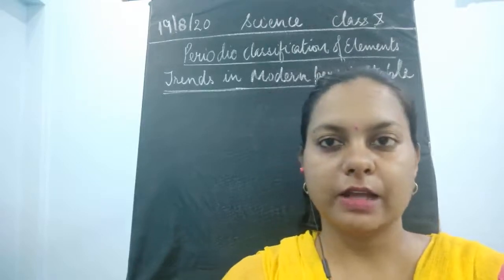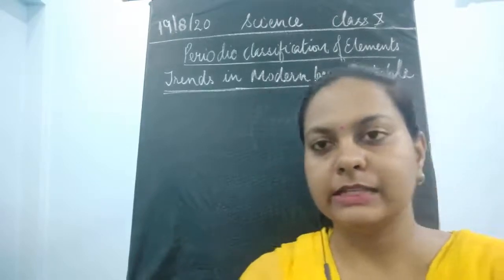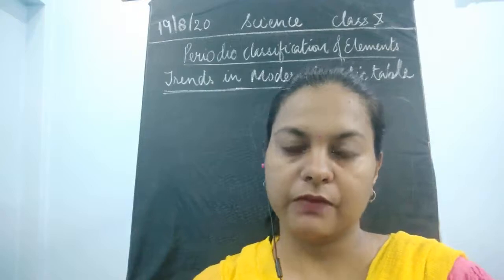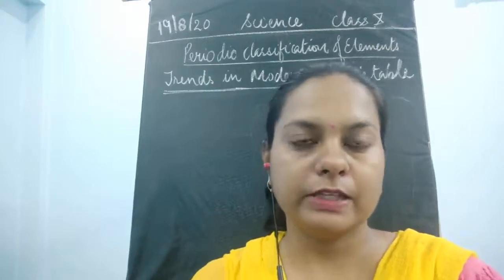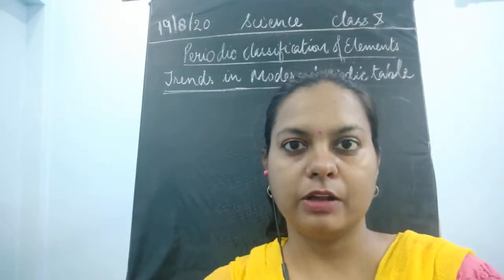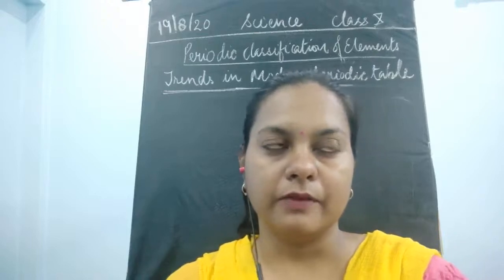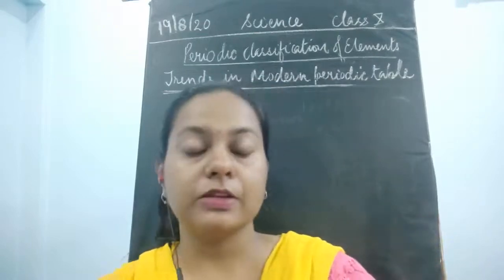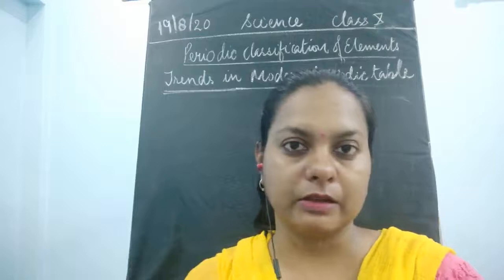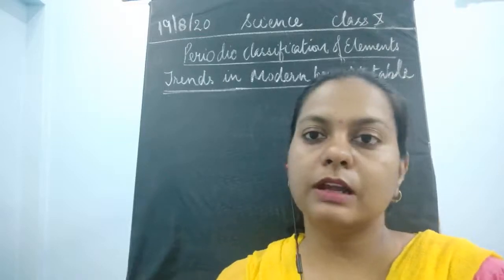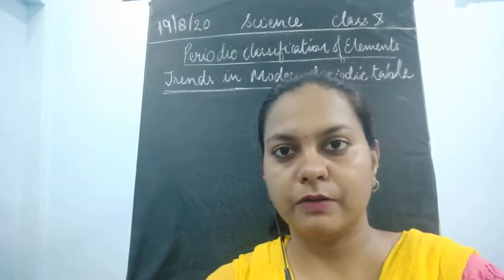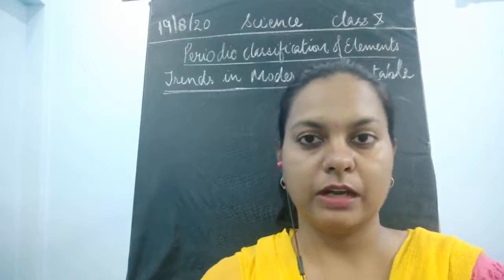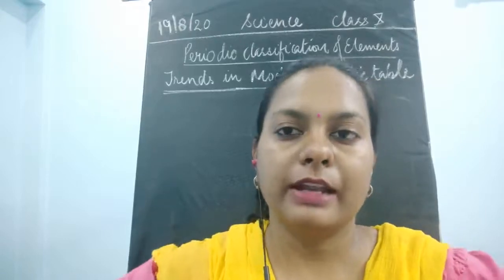So we started this chapter by seeing the utility of classification, where we found that if this classification is not there, we are not able to study the various chemicals, various elements which are discovered. There is a large number of elements discovered till now, about 118 elements.